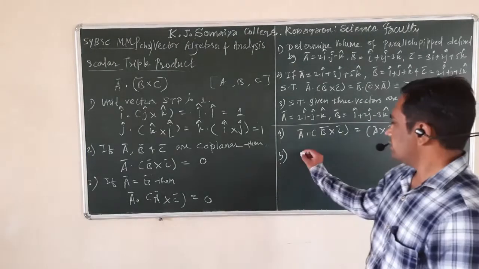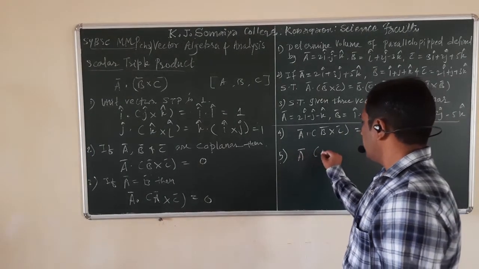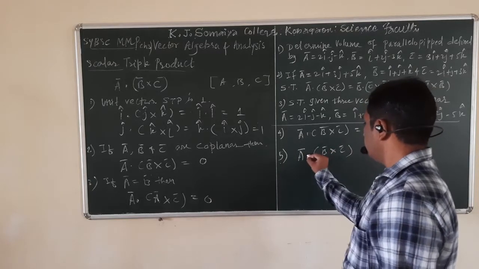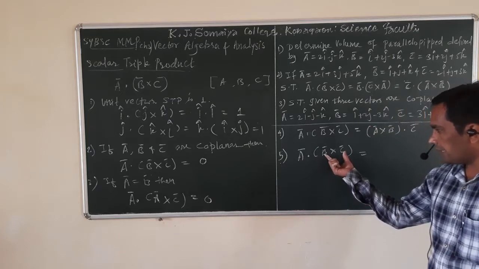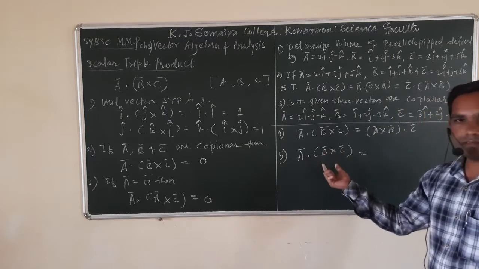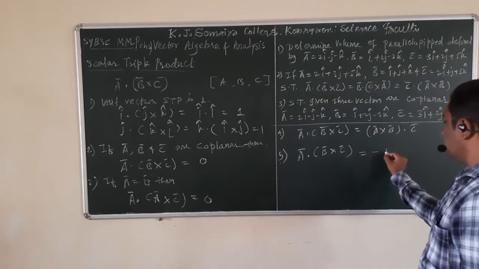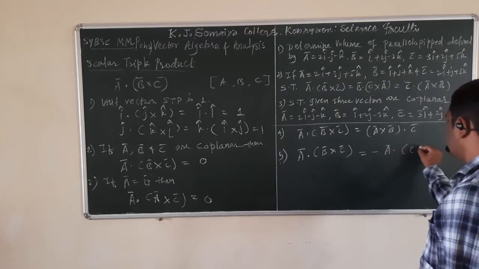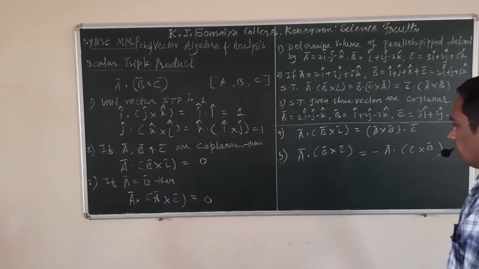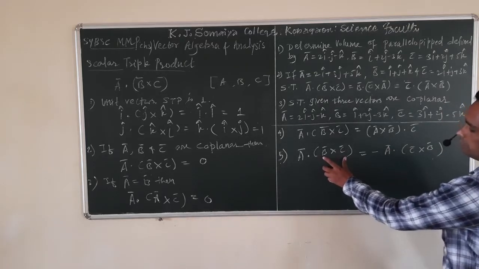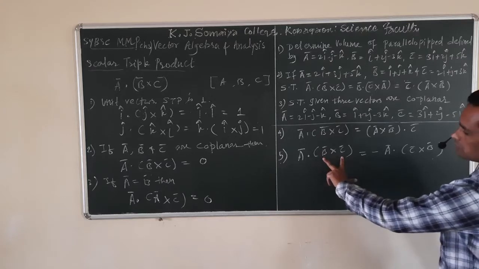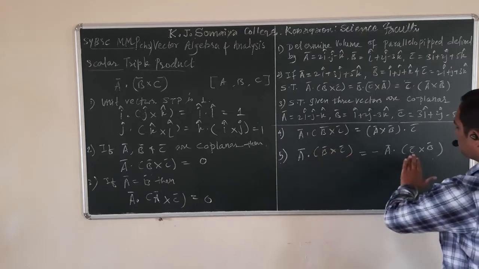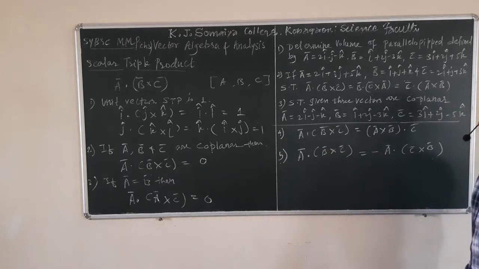Which means vector A dotted with vector B cross C is nothing but, if you exchange the order of B and C vectors or any two vectors, then we get a negative sign, that is vector A dotted with C cross B. Why will this happen? We know that by the property of cross product, B cross C is nothing but minus C cross B. Okay, so this will be our next property of scalar triple product.